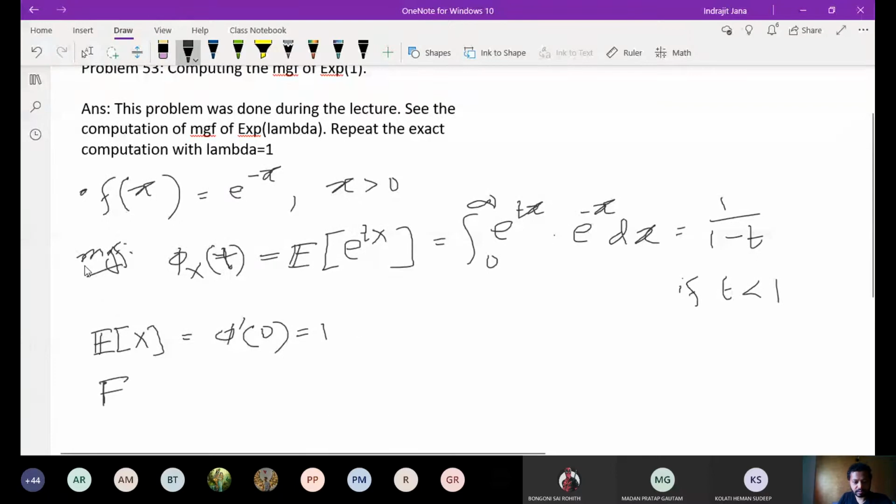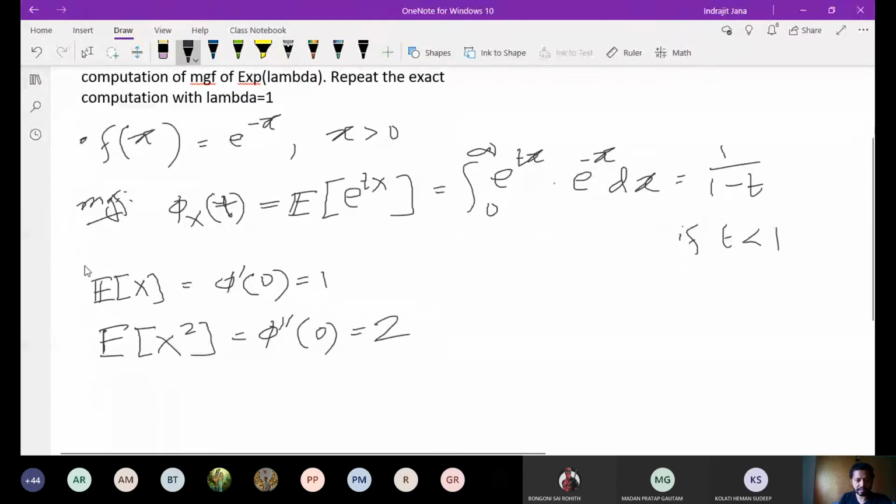And the expectation of X squared, which is the second derivative of the MGF evaluated at 0, you can do the calculation, you'll see the answer is going to be 2. Essentially we differentiate this function with respect to t once and plug in t equal to 0, you will get 1. Differentiate twice, plug in t equal to 0, you will see 2. The exact same thing was done during the lecture, so I'm not repeating the calculation again.